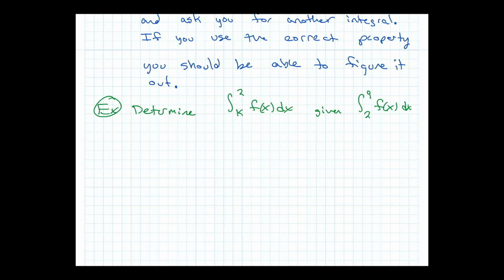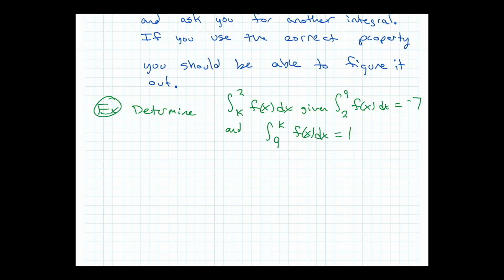I didn't leave myself enough room. Let me move this over. Okay. Given that this integral is -7 and this integral from 9 to k of f of x dx equals 1.